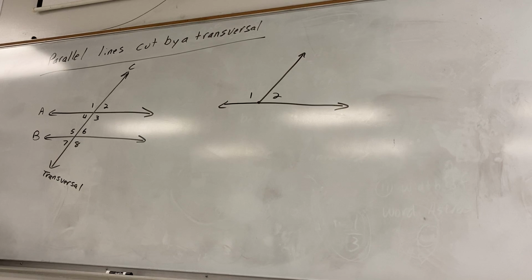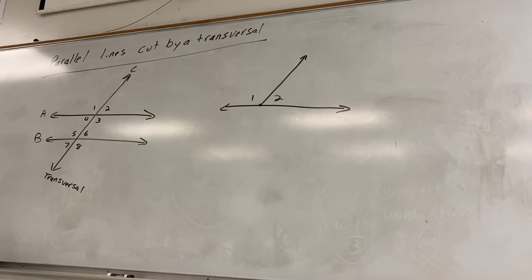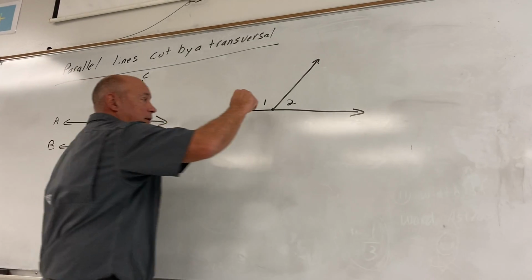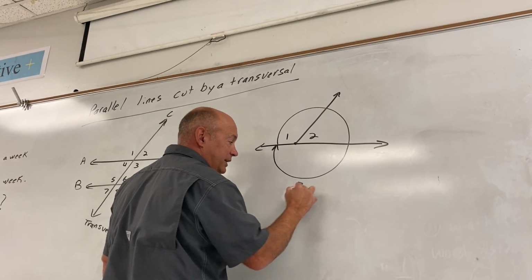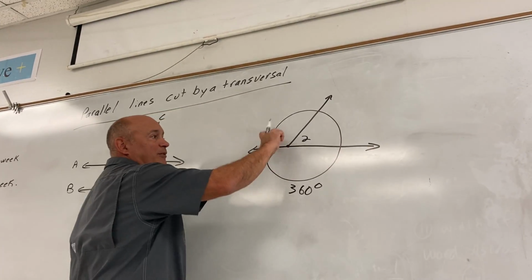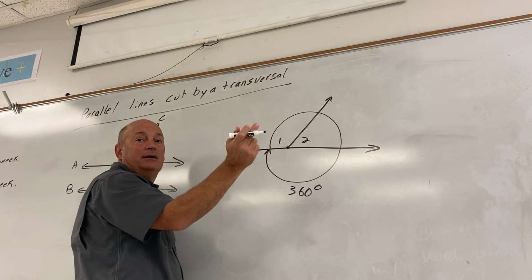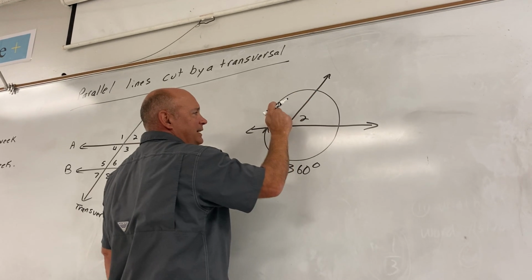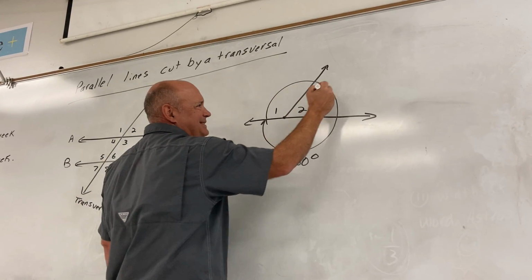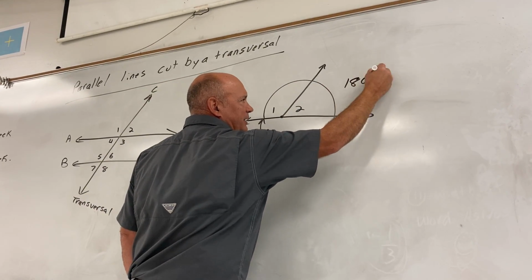Do we know this? A full circle is 360 degrees. So what would the top 2 be? Say it again, Brady. 180. A straight line always adds up to 180 degrees.